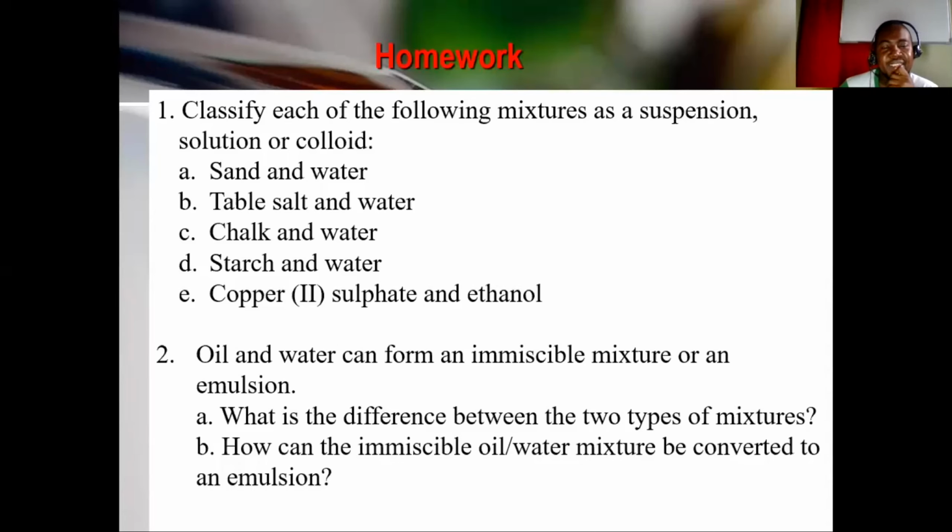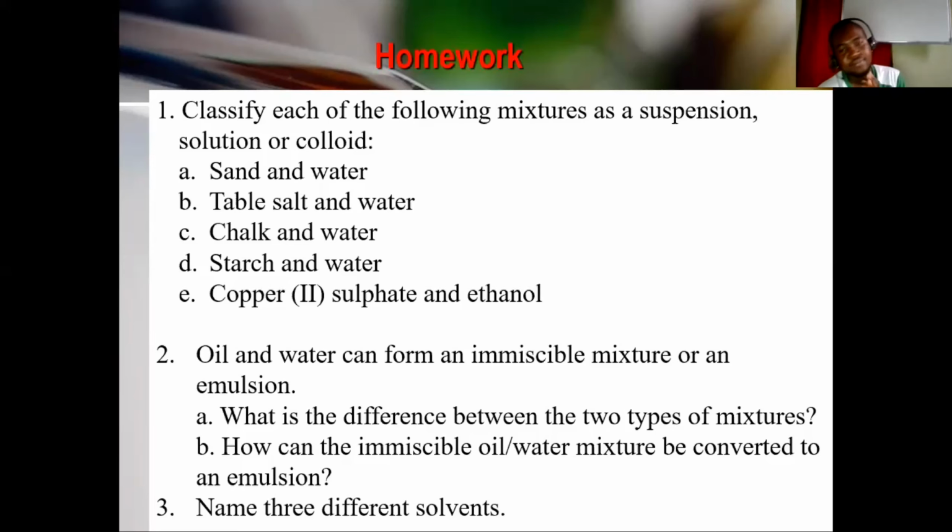Any other way you think it could work? We also could heat it. If we heat the water and oil mixture to a specific temperature, it can actually form an emulsion.